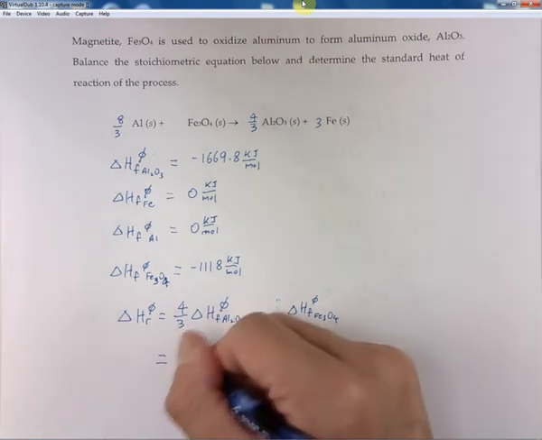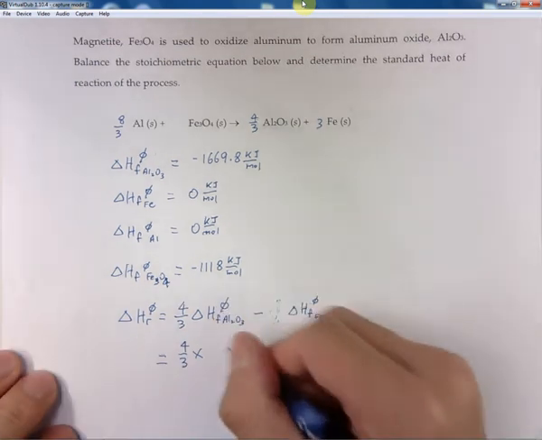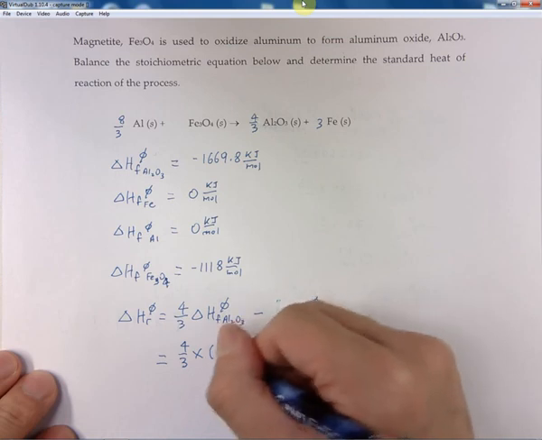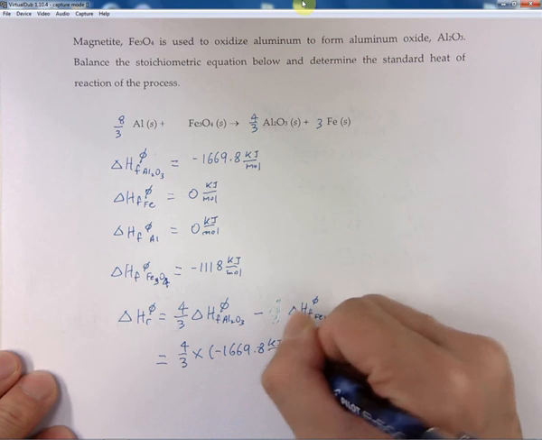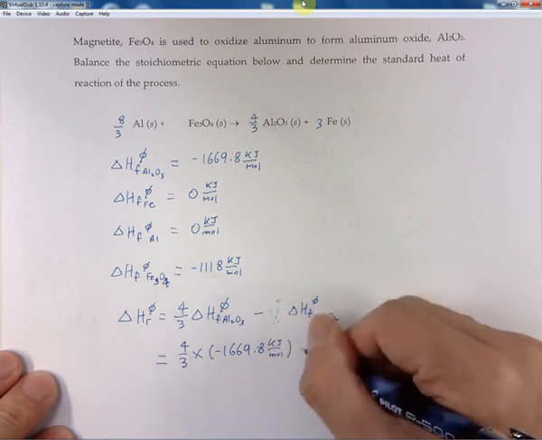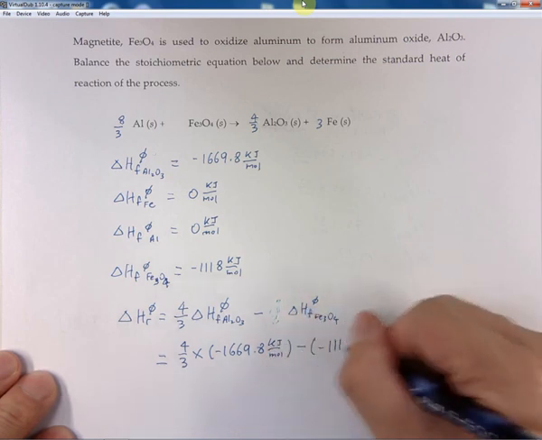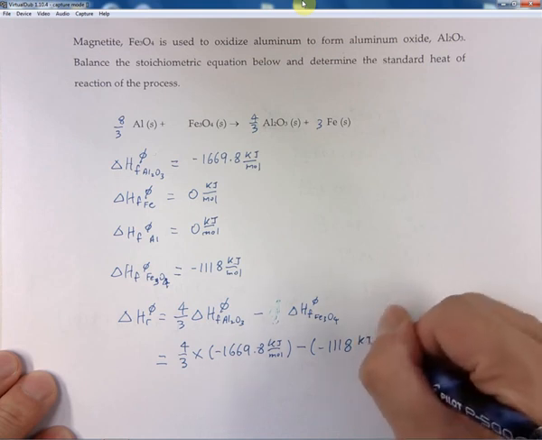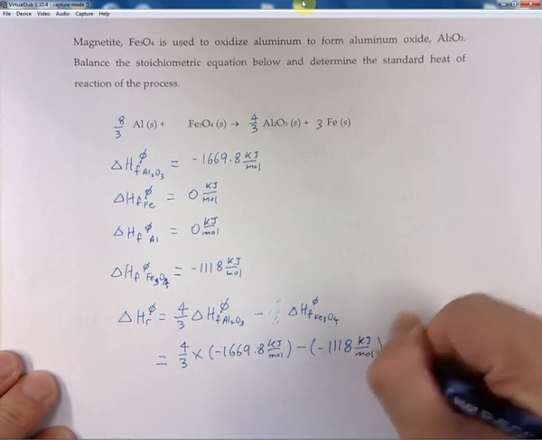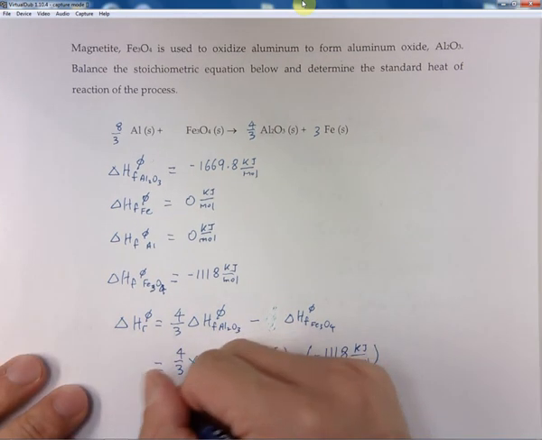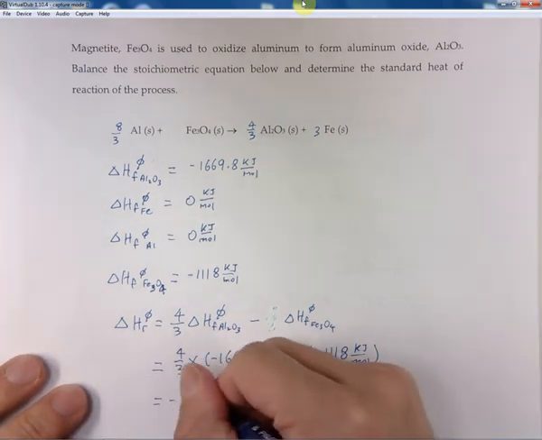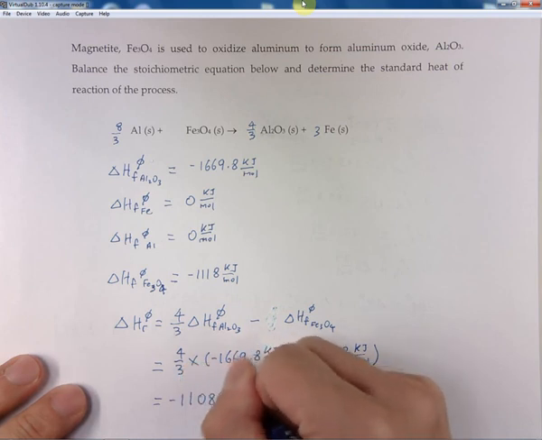Four over 3 times negative 1669.8 kilojoule per mole, minus negative 1118 kilojoule per mole. And if you work it out, it will be negative 1108.4 kilojoule per mole.